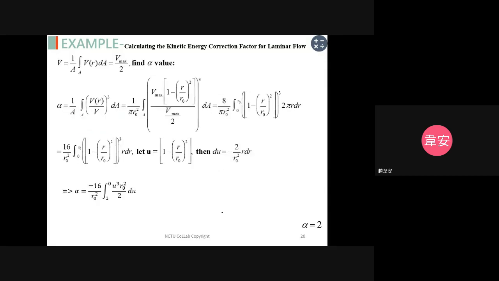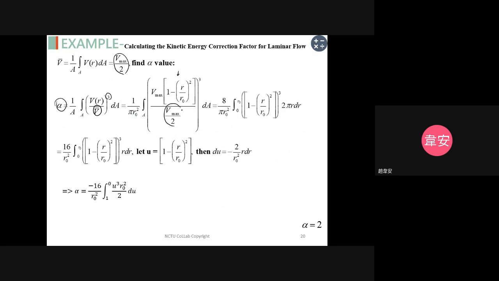So we go back to see the definition of the alpha value. So alpha is equal to 1 over A, the integration along the area, of the ratio V divided by V mean cubed here. So we already know the velocity function here, and we know the mean flow velocity is V maxima over 2.